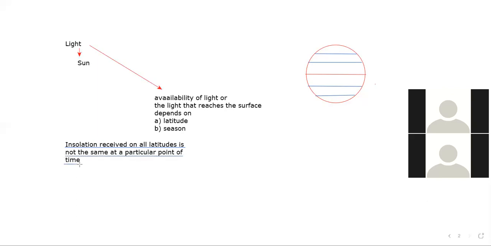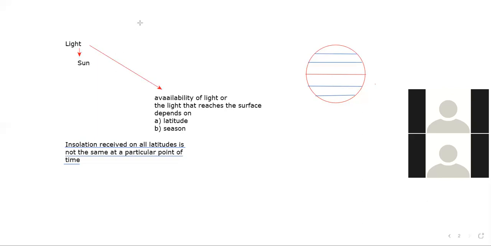At this point of time, the insolation received in Indonesia, Malaysia, Japan, Russia, Norway, Canada, UK, Cuba, Chile, Australia, New Zealand, Antarctica may not be the same as that received in India. So insolation received on all latitudes is not the same at a particular point of time.